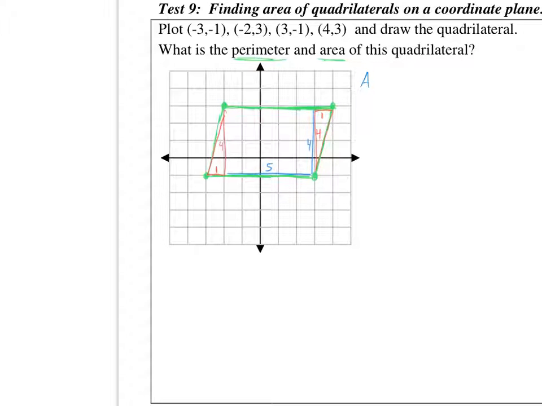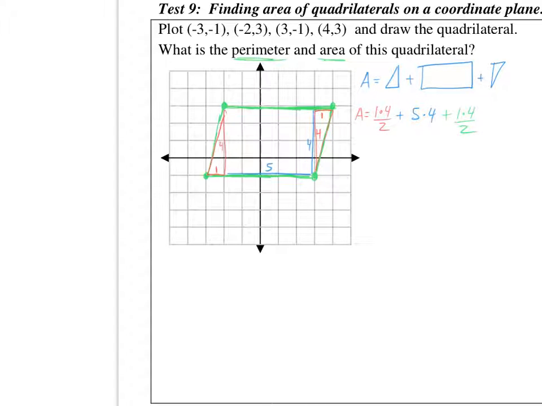So my area is going to be equal to the triangle plus the rectangle plus the triangle. So let's do that. For the first triangle, it's base times height divided by 2. For the rectangle, it's base times height. And for the last triangle, it's base times height divided by 2.